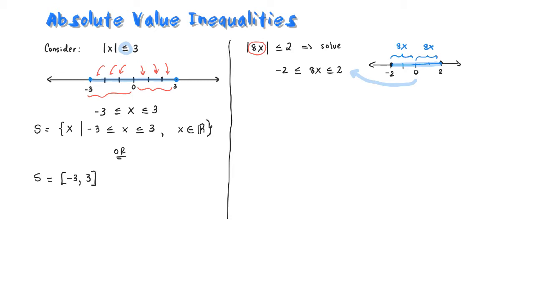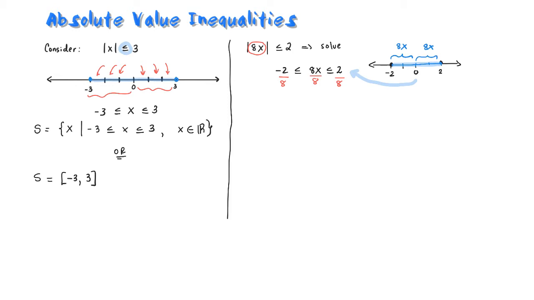By doing that, now I can actually solve for x. The way to solve for x, the easiest way, is to divide every single side of the inequality by 8. This is perfectly legal in mathematics as long as you do it to every side of the inequality.